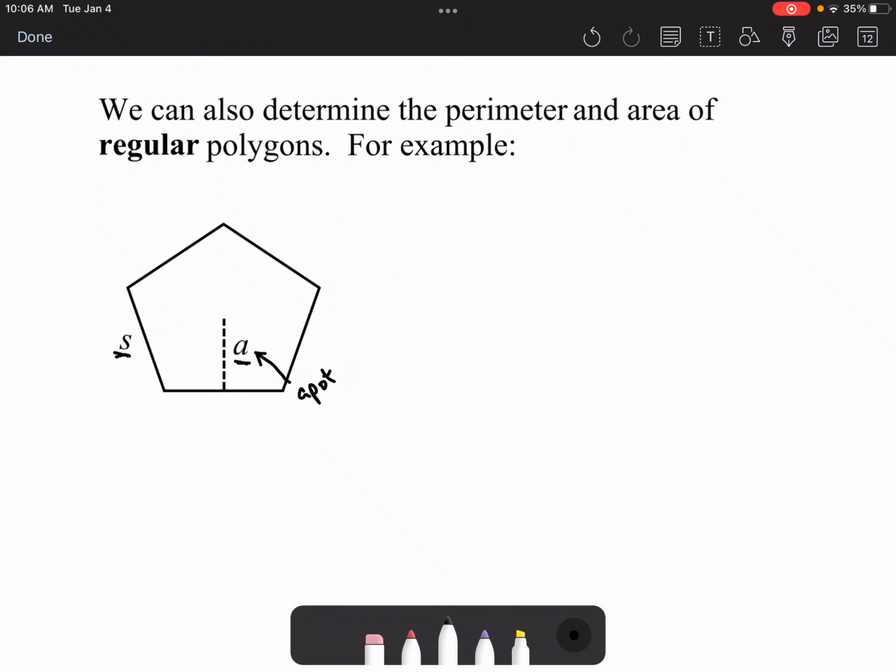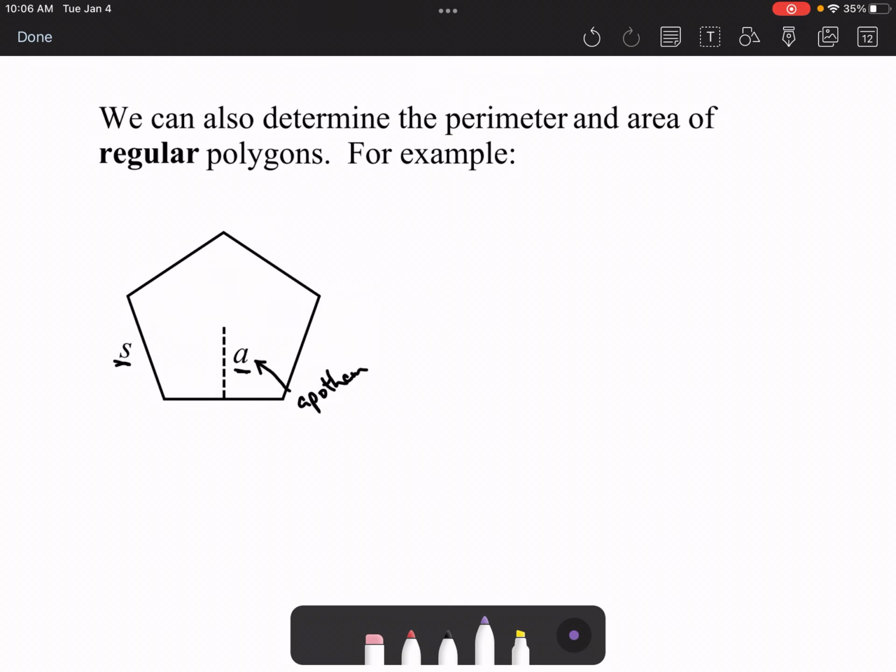It's kind of like a radius of a shape. Because it is kind of like the radius, and it's halfway through the shape, you can actually create a number of different triangles. And what you'll notice is all these triangles should be the exact same size.